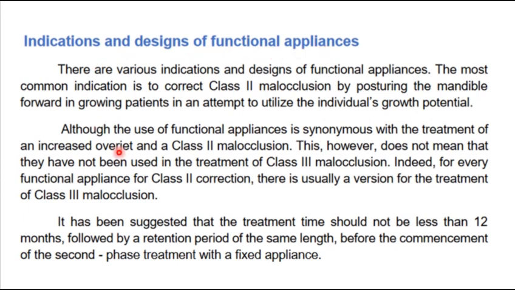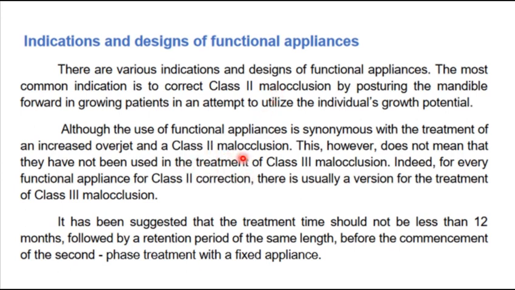Coming to the indications and some design considerations of functional appliances. There are various indications, where the most common is to correct class 2 malocclusion, which is the most common that you would see.